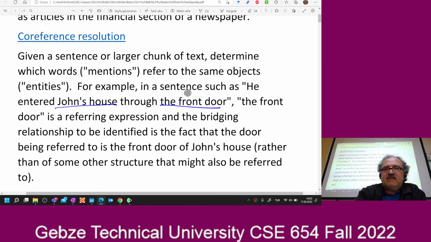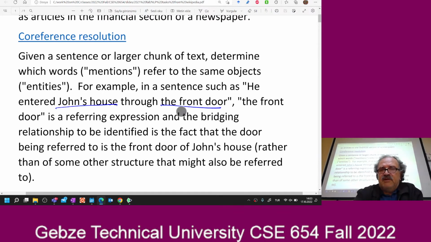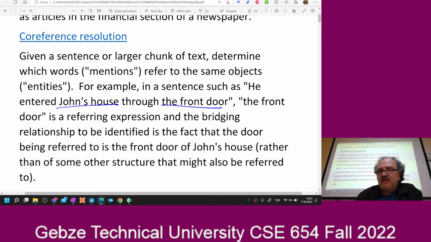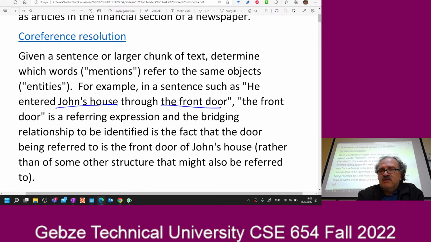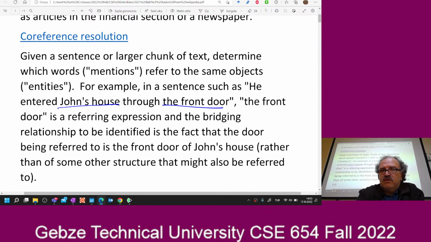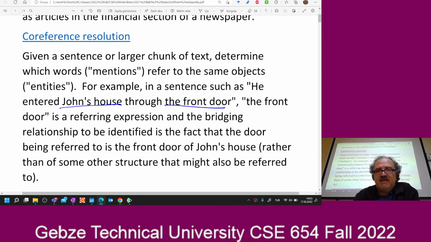I could have another noun in here, but this noun is a door, and I am saying it after the house. This front door is referencing the house, okay?